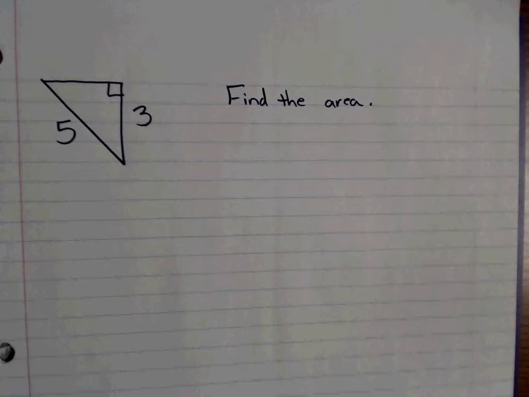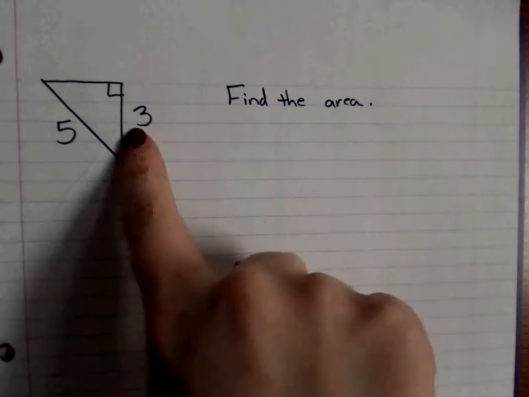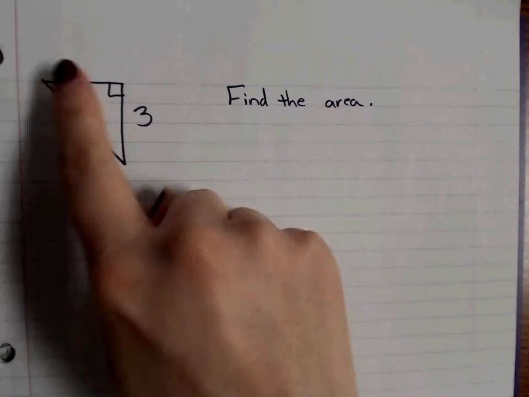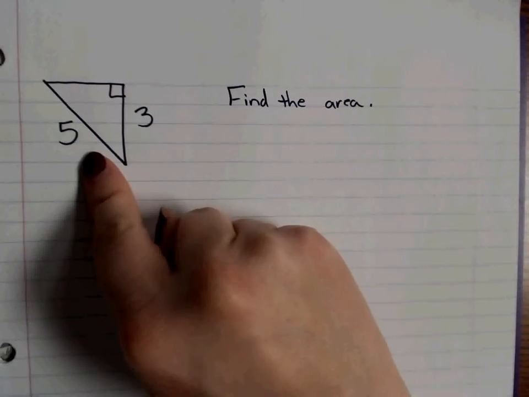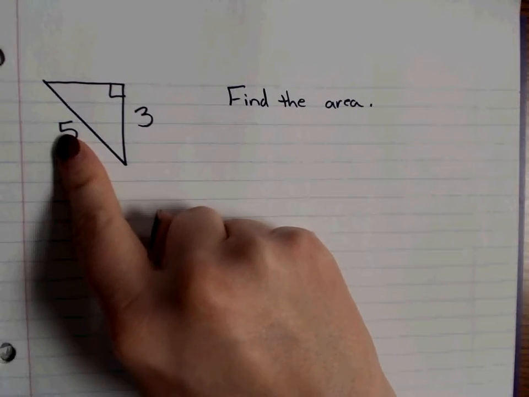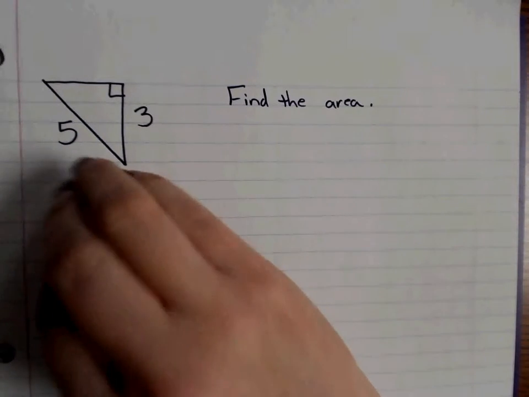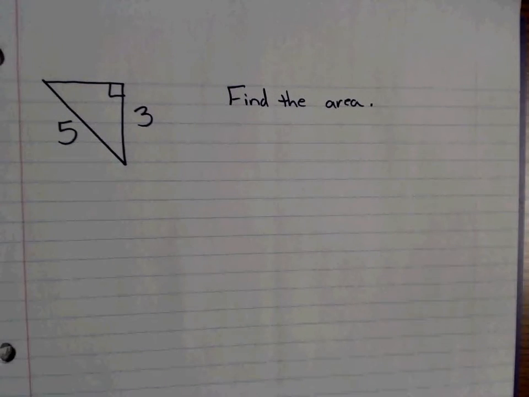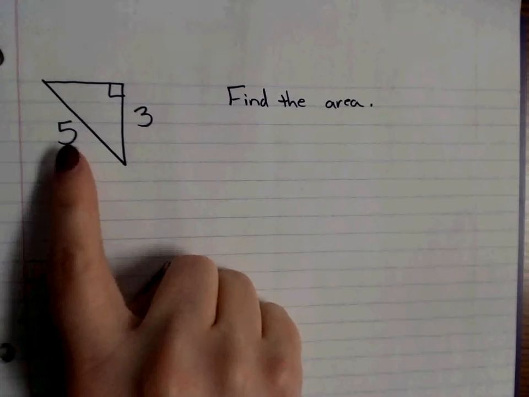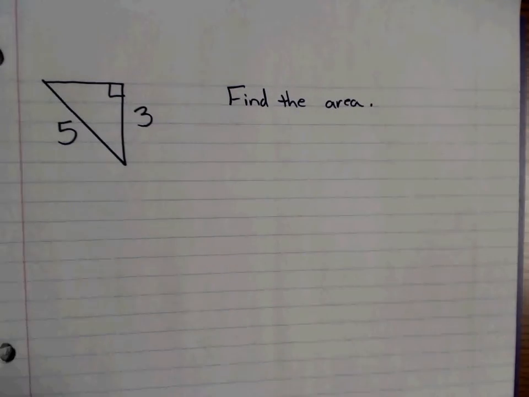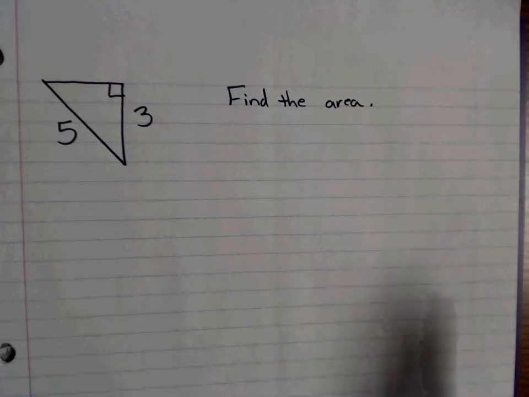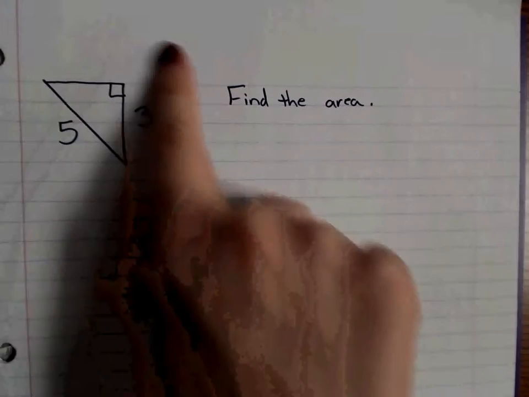See, the thing is, you can automatically tell that this is not going to be an isosceles triangle, meaning that these two measurements are the same. Because if it was an isosceles triangle, our hypotenuse would be an irrational value. It would be an actual radical and not a whole number. In order for us to create a whole number for our hypotenuse, we have to have rational and scalene values for our triangle.